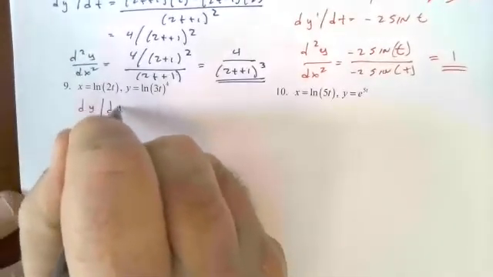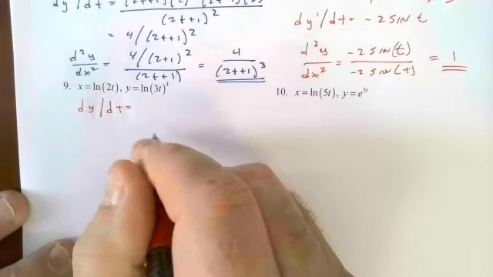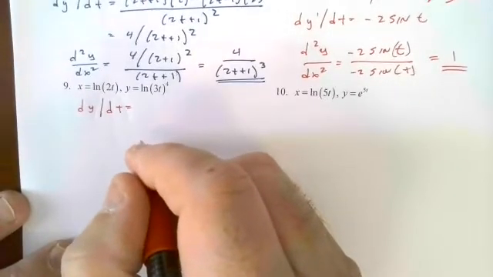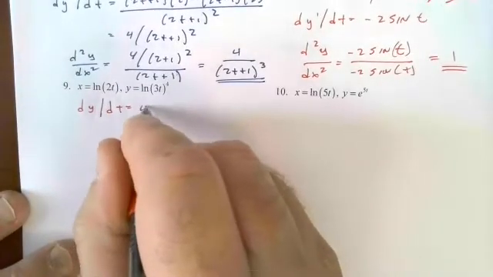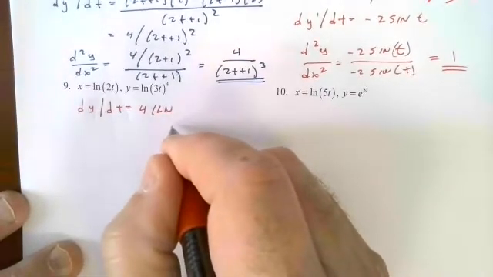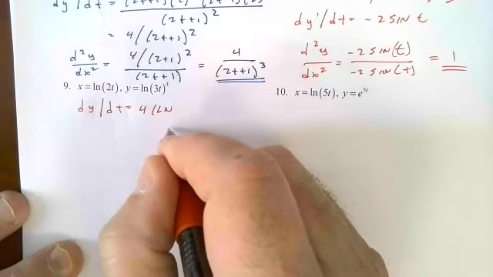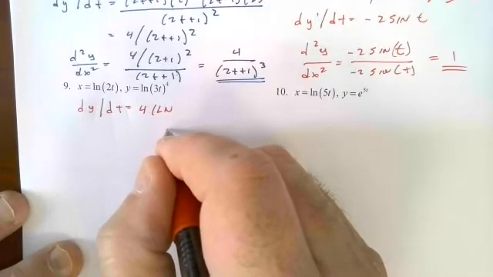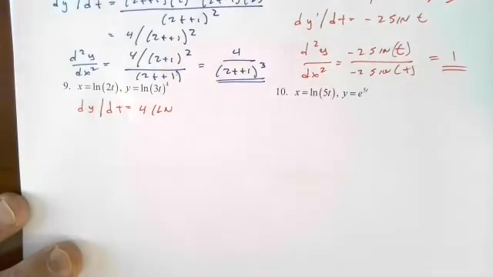dy/dt equals, oh boy, this ought to be fun, 4 ln of... I gotta think for a minute.